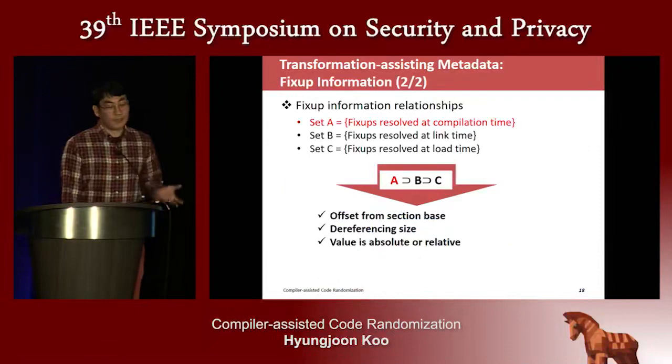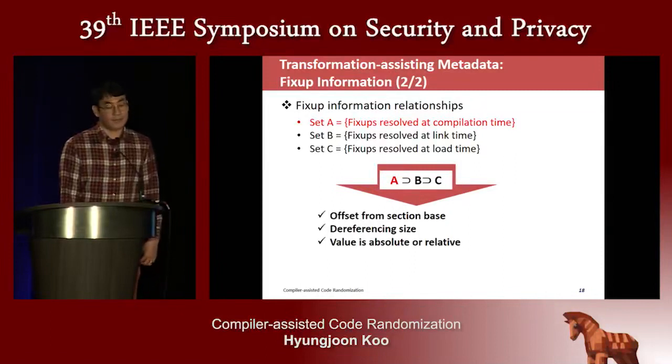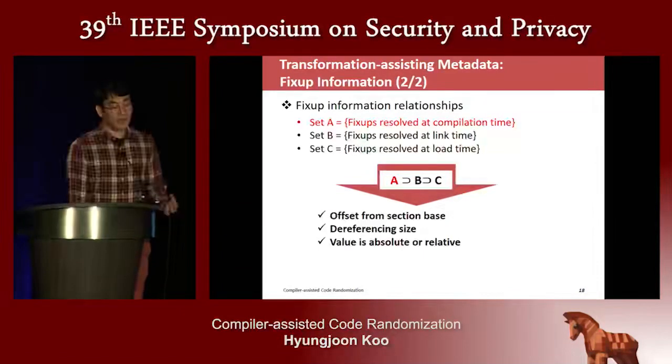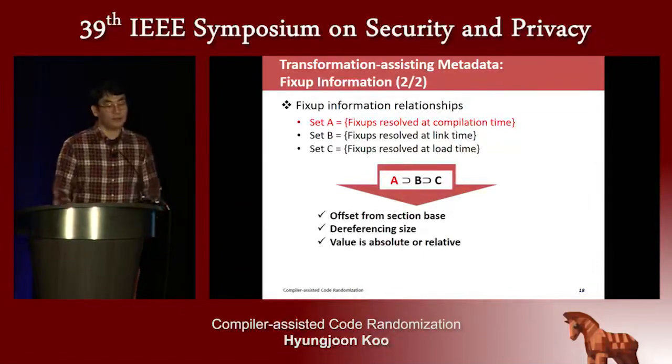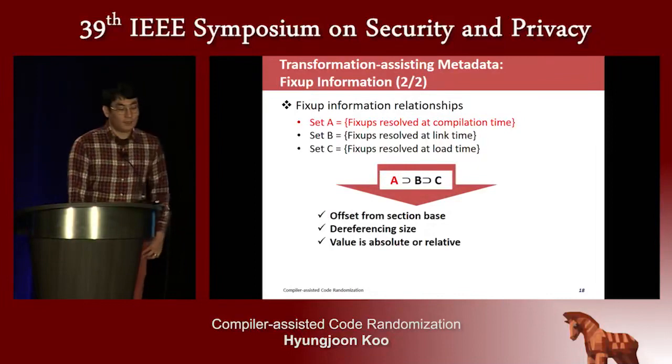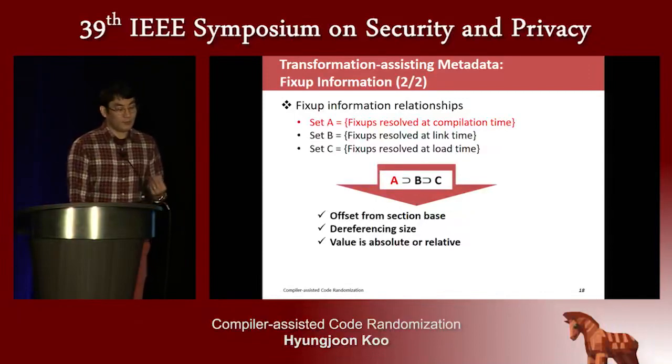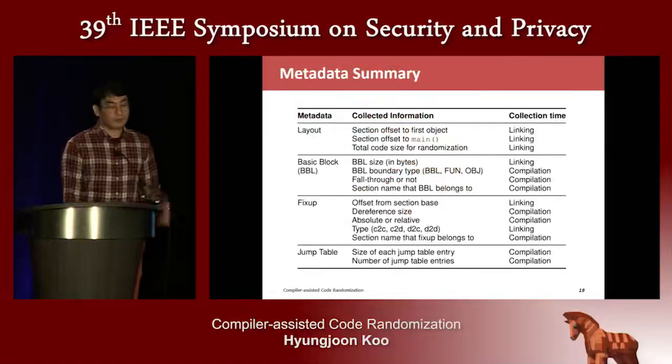So I just defined these 3 different categories as 3 different sets: A, B, and C. Then set A would be the superset that includes the entire fix-up. So we are collecting this information, including offset from section base, dereferencing size, and the value that is either absolute or relative. So here is the table that summarizes the metadata.